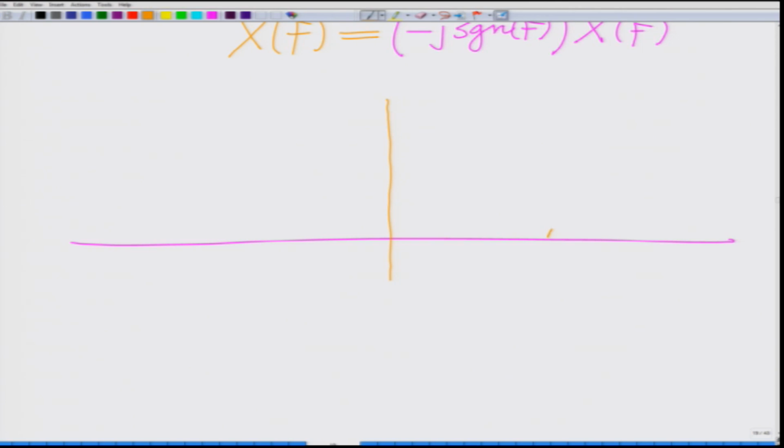Which means the positive band at f_c is multiplied by minus j, and the negative band at minus f_c will be multiplied by j, correct.